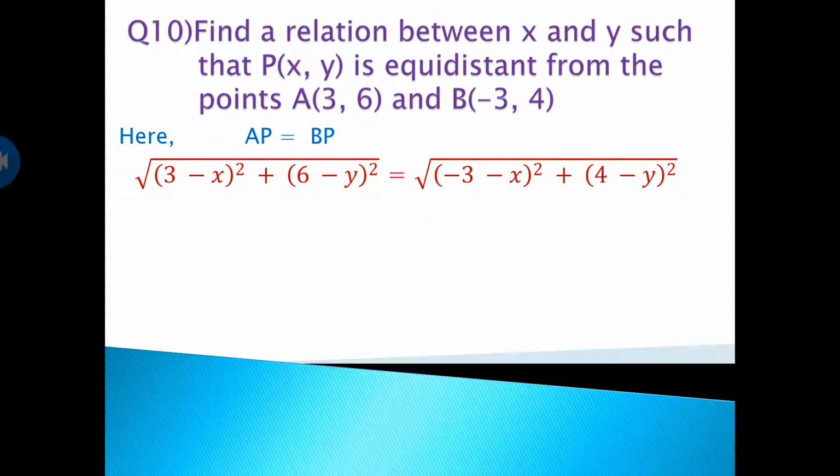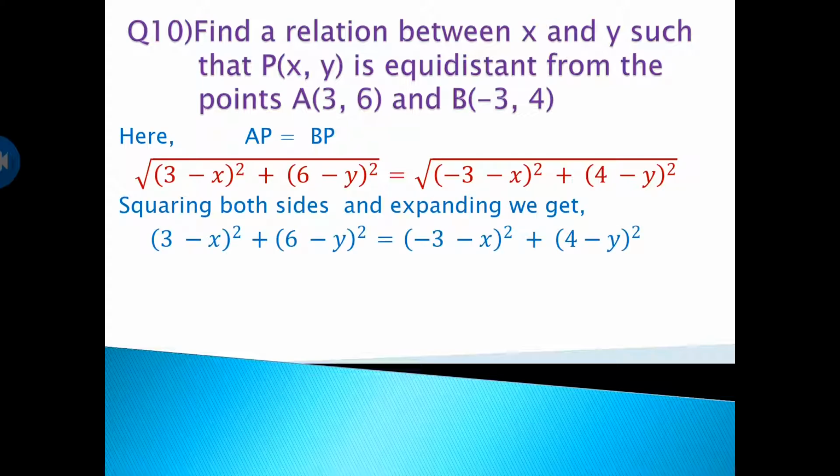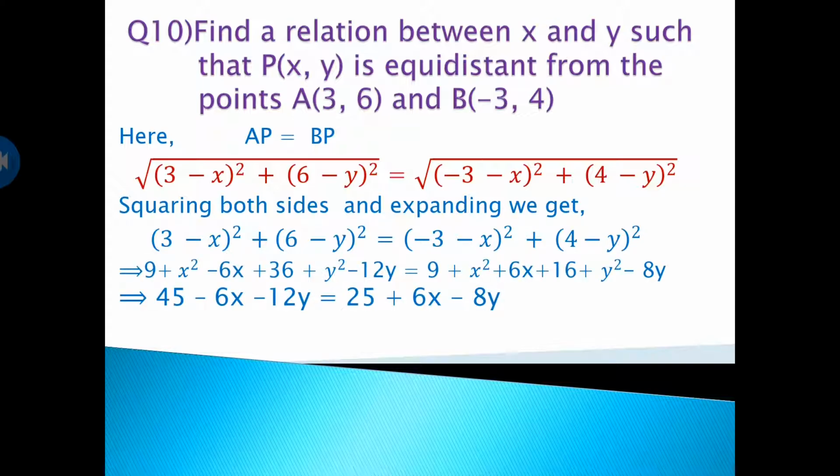It's coming as under root (3 minus x) whole square plus (6 minus y) whole square equal to under root (minus 3 minus x) whole square plus (4 minus y) whole square. Now we take the square on both sides and expanding we get the final equation as 45 minus 6x minus 12y equal to 25 plus 6x minus 8y.